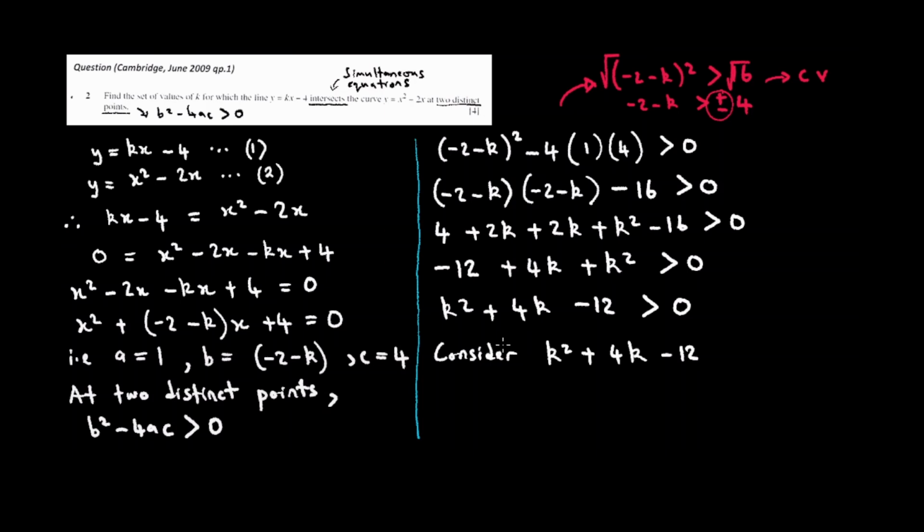So when factorizing here, of course it is written in the correct order, the standard form of a quadratic expression, which is ax squared plus bx plus c. In layman terms, we start with the squared term, then go to the one with just the variable, and finally the constant. So we go on to multiply the first and the last terms to get minus 12k squared. That is what we get there.